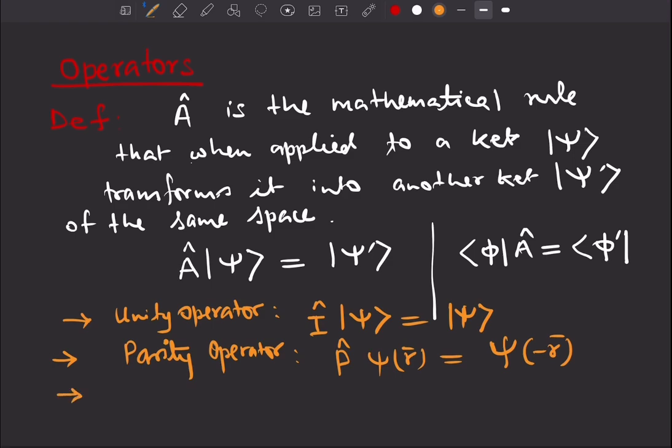The next operator is the gradient operator.